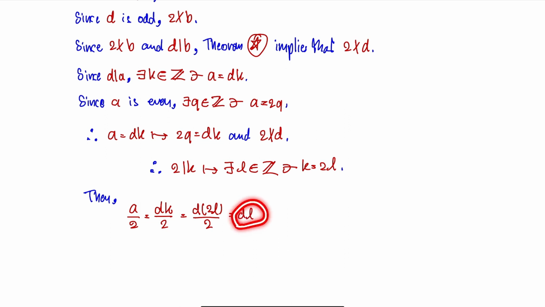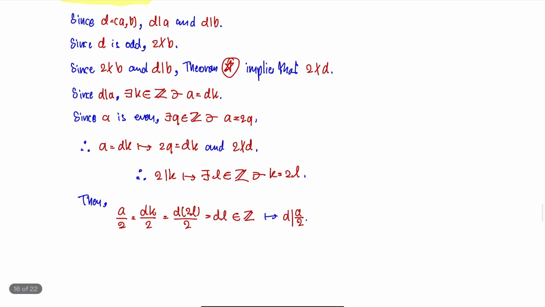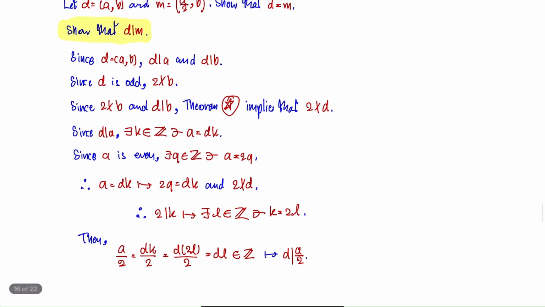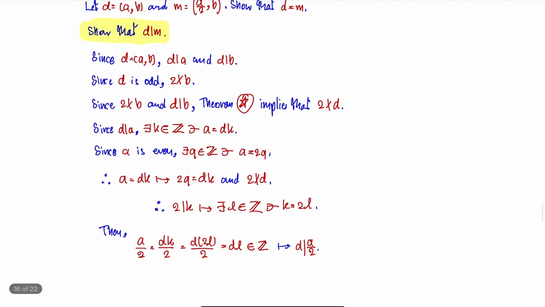And dl is an integer. That means that d divides a over 2. Okay? d divides a over 2 right now.